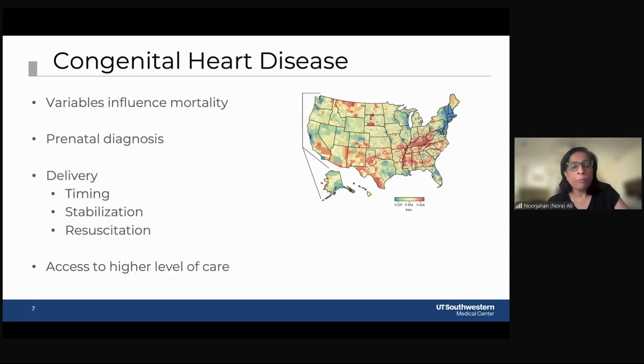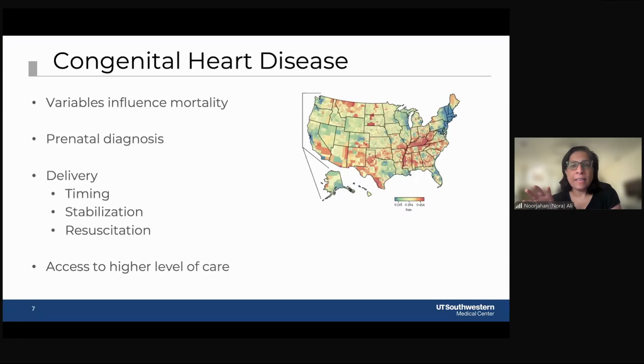The other thing that makes a huge difference in mortality is timing when they're born, the stabilization, resuscitation, and lastly, the access to higher level of care. Even though for most of our population we have some access to OBGYN, we don't have as much access to the higher level of maternal fetal medicine care.